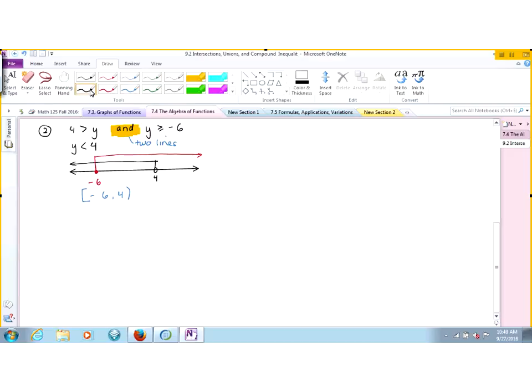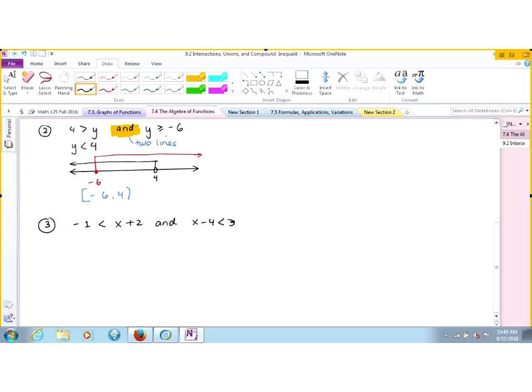Okay. All right. Now more. Why don't you try this, okay? Number 3. -1 is less than x plus 2 and x minus 4 is less than 3.